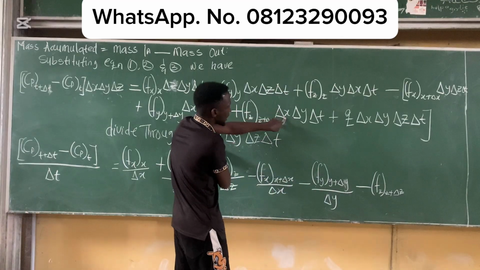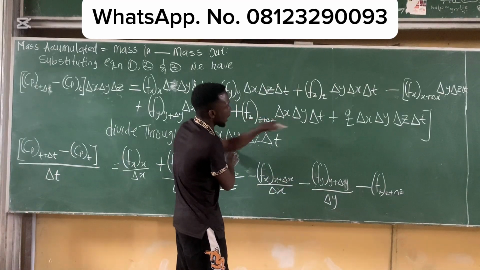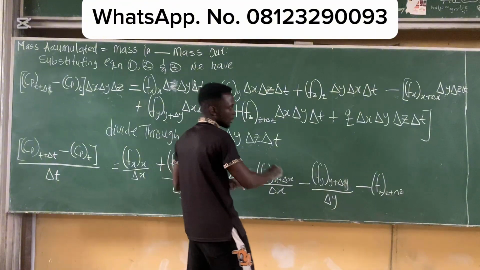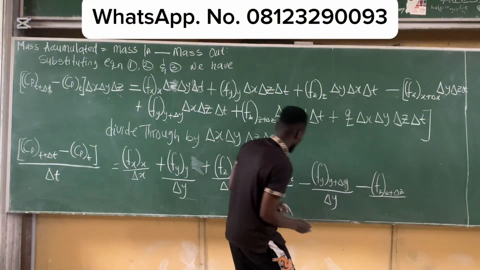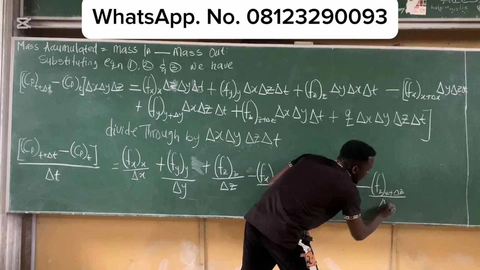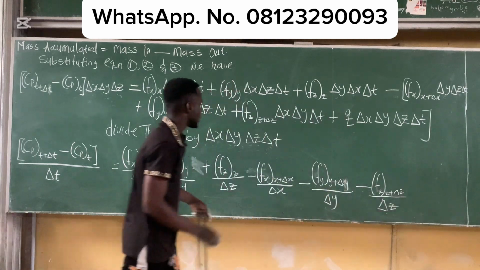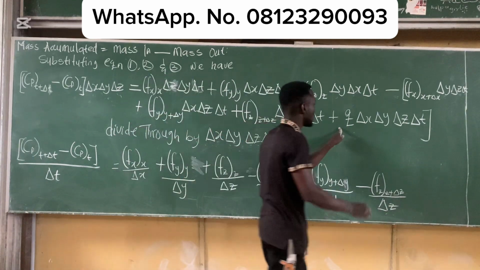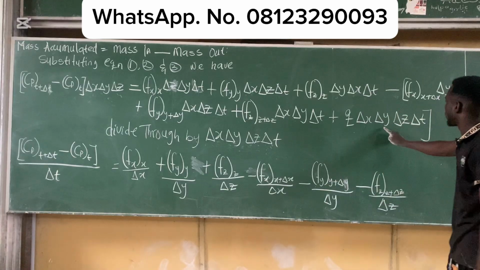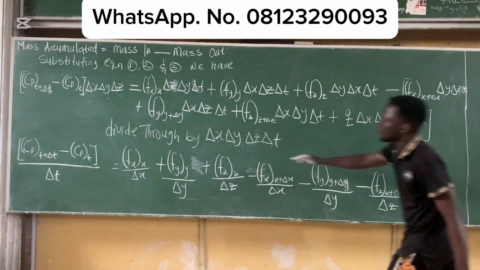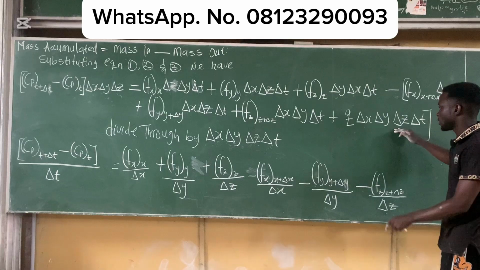Delta x will cancel delta x, delta y will cancel delta y, delta t will cancel delta t. So here we'll be left divided by what? Delta z. Then plus q. Remember, we divided by delta x, delta y, delta z, and delta t. So everything here will cancel everything here except the q.